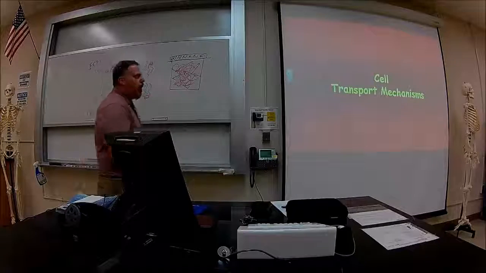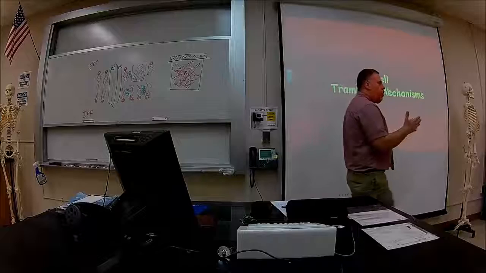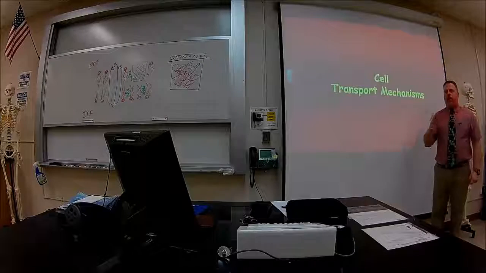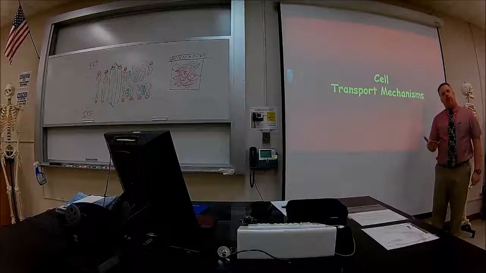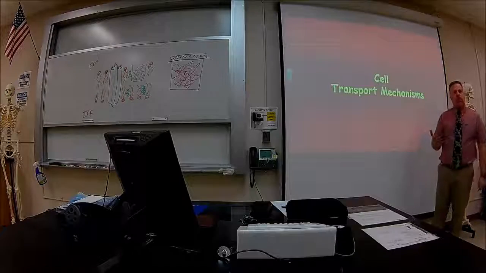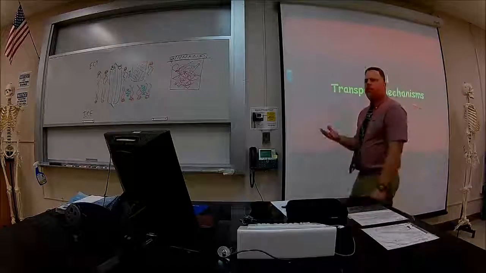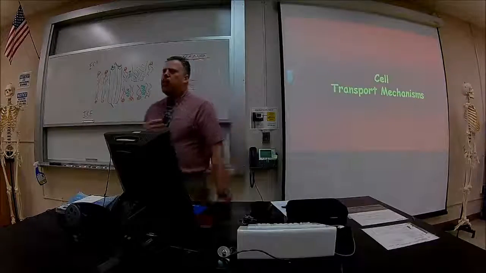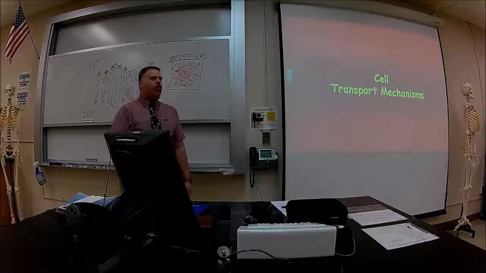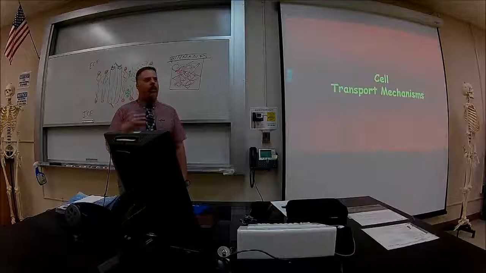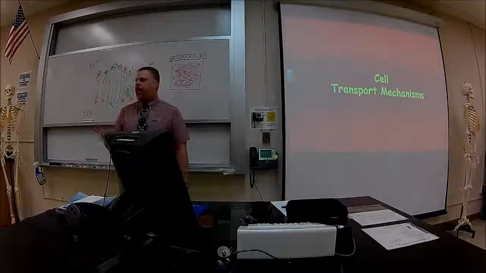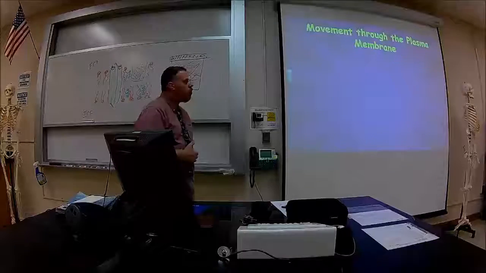Now, let's talk about allowing things to come in and out of that cell. Because it's not allowing everything to come through, it's allowing some things. So why is it allowing some things and not everything? We're going to talk about what we call cell transport mechanisms. How can you transport things into the cell and out of the cell? Okay?